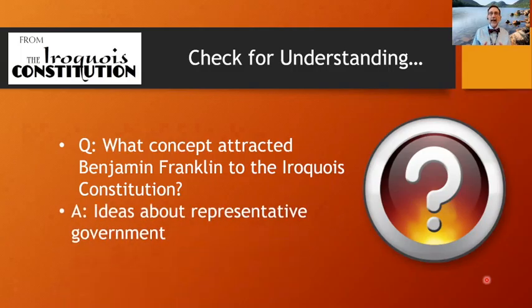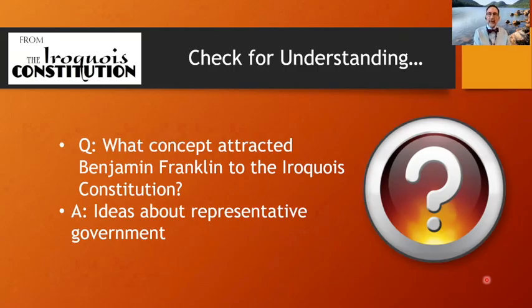And of course, it was the ideas about representative government, the idea that we can't all vote on every law and every issue. There's no way we could be informed enough. Most people don't know enough about economics, for example, to be able to vote for a complicated banking law, which is why we elect representatives who then have experts who inform them, and they make the best decision that way.